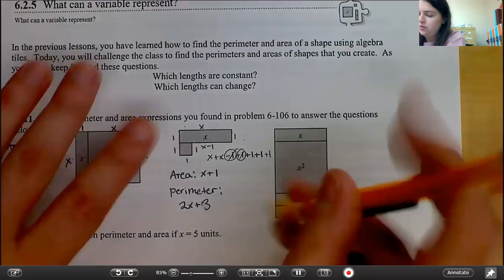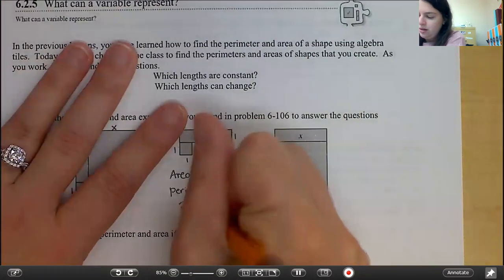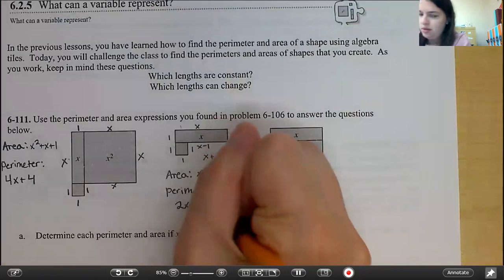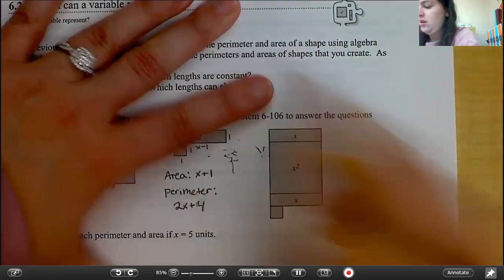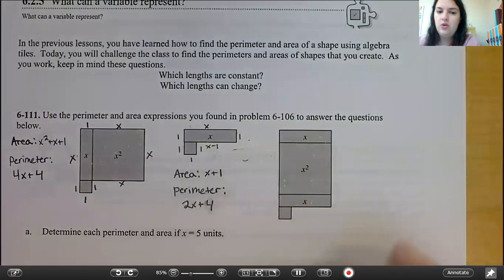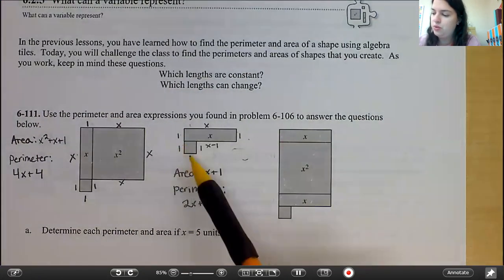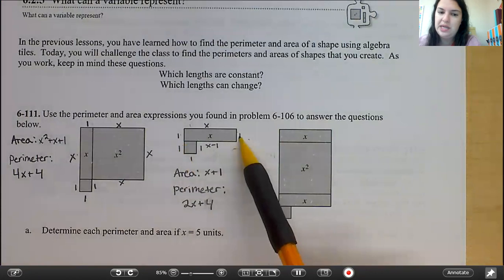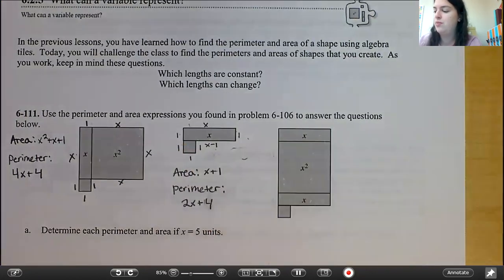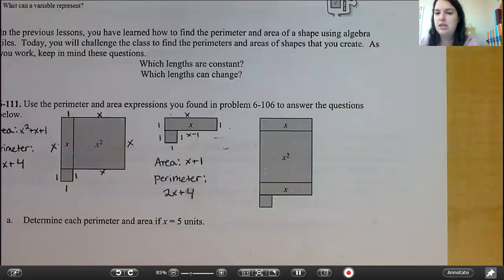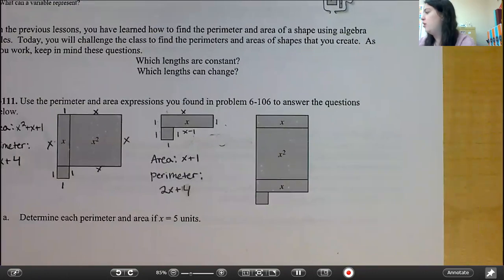Oh no, I'm sorry. I was right the first time. 2x plus 4. I'm sorry about that. Okay, so let me go back and look at that again. Going over the perimeter again, we have 1, 2, 3, 4, 5 ones being added, but then we have to subtract 1, so that's where our 4 comes from. I'm sorry about that. I was reading something and then I was looking at something wrong, so I apologize.